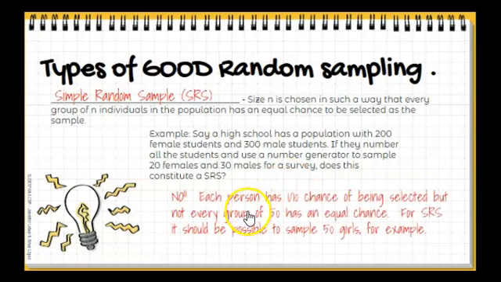No. Each person has a 1 out of 10 chance of being selected, but not every group of 50 has an equal chance. For a simple random sample, it should be possible to sample 50 girls, for example. You would have to simplify this down to gender, male and female, before you do your sampling. Otherwise, the males and females do not have the equal chance of being selected.